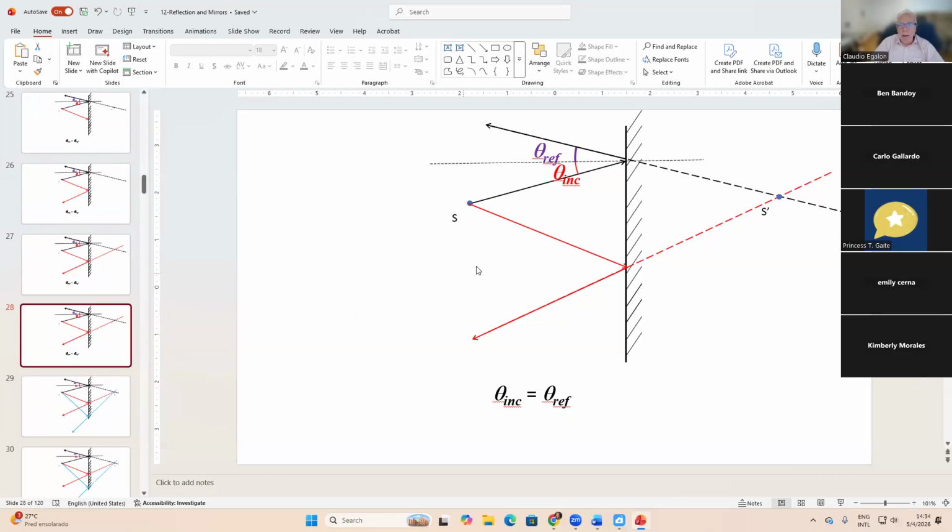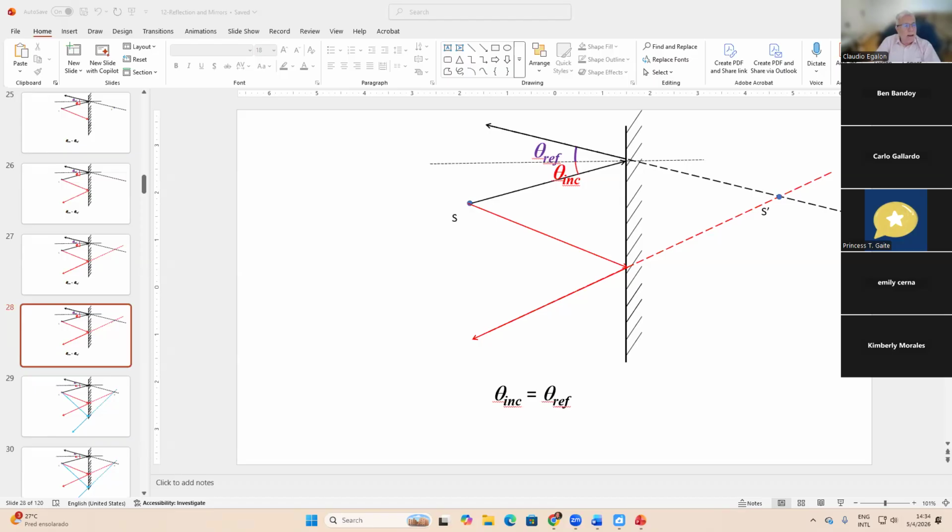And it happens that for a planar mirror, the distance of the image to the reflecting surface is the same distance of the source or the object to the planar surface. And consequently, the distance from S to S prime is going to be twice the distance of the source. Make sense? It's a very simple technique, right?